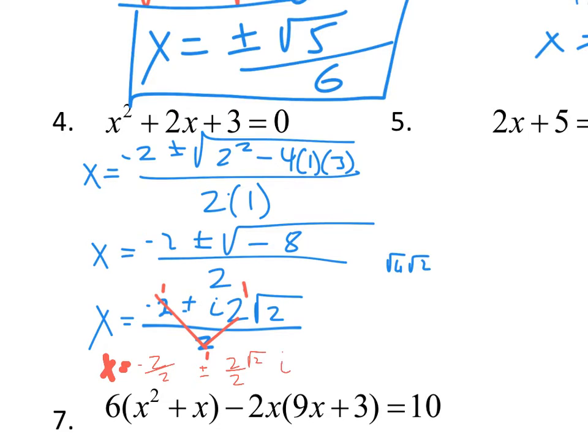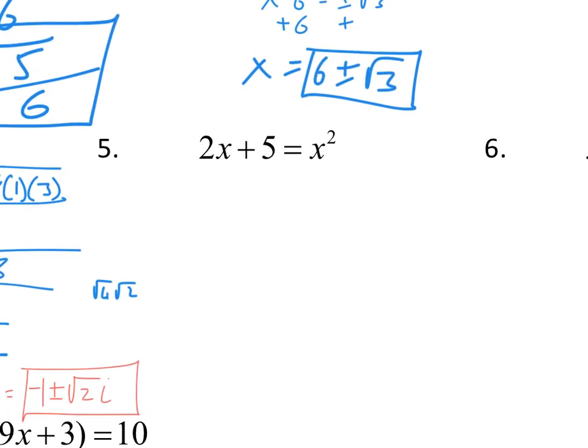All right, and then this cancels. This makes a -1. This is going to make a 1 times the square root of 2, and so this is -1 plus or minus the square root of 2i. In fact, that's what we want because this is an imaginary number, and so we want this in a plus bi form. It's a complex number, all right?